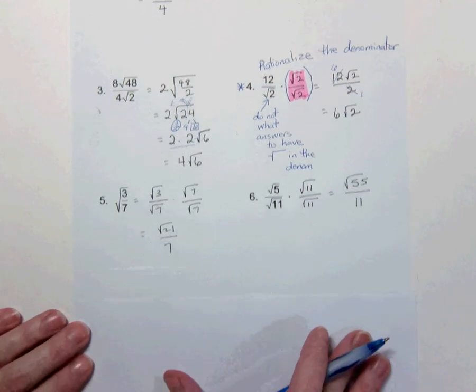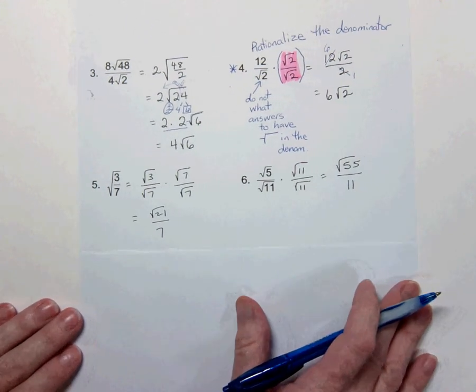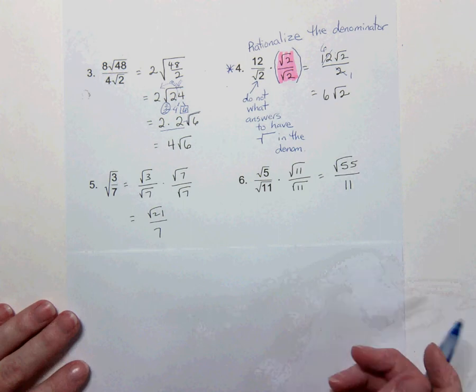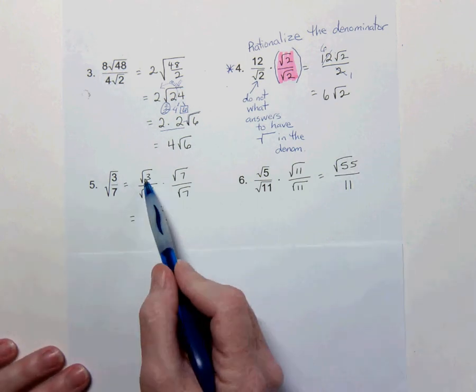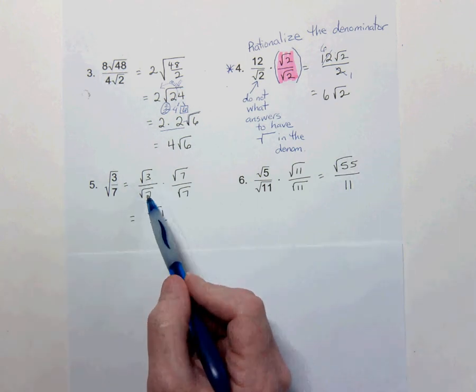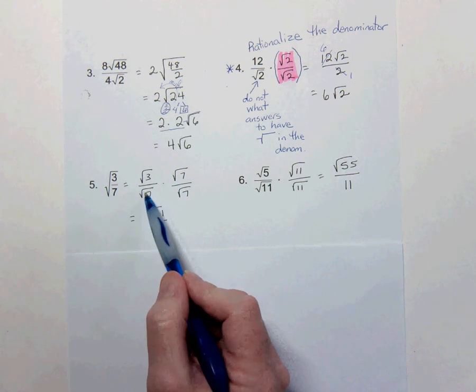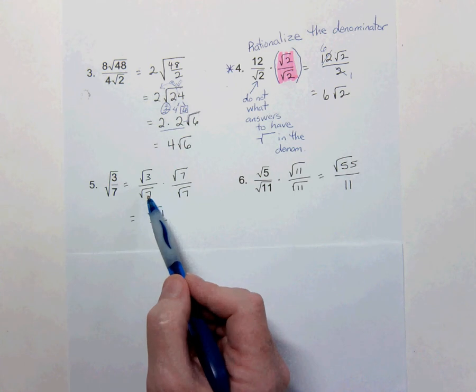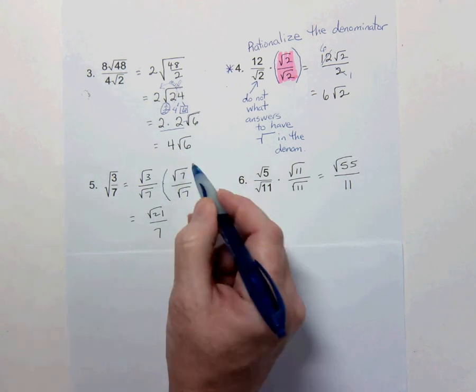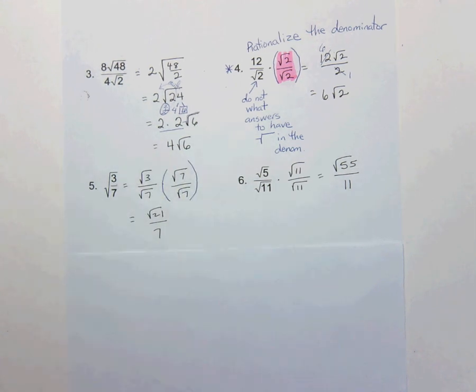All right. The square root of 3 over square root of 7. Notice this one, if you separate it, you have two prime numbers that would stay radicals. They are already in their simplest form. But we want to rationalize the denominator, so again we're going to multiply by a product of 1.